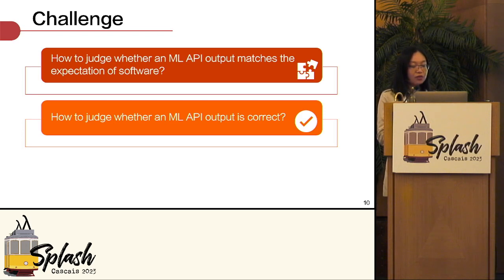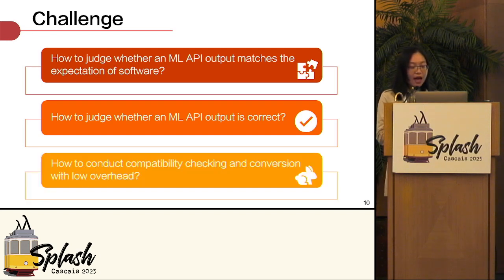Second, how to judge whether an ML API output is correct. Like the ML API specification, it is difficult to know which specific output of an ML API invocation would be wrong. In fact, judging the correctness of an ML API that emulates human cognition tasks typically requires human effort, which is difficult to carry out during runtime detection.